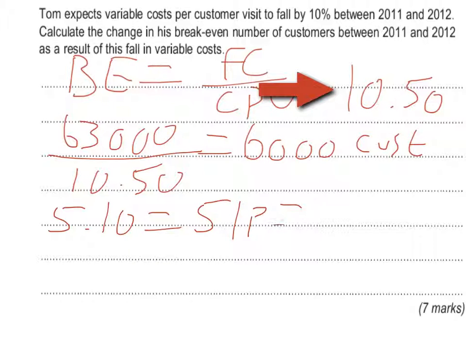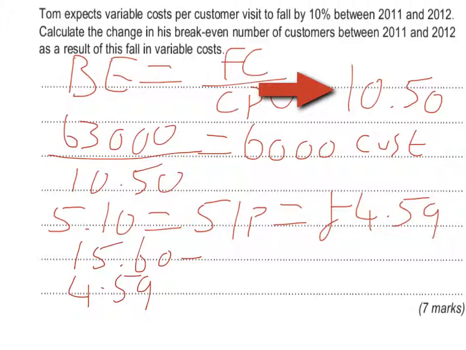So the new variable cost figure will now be £4.59. This now enables us to work out the new contribution per unit figure, which will be £15.60 minus £4.59, which now changes the contribution per unit to £11 and a penny.